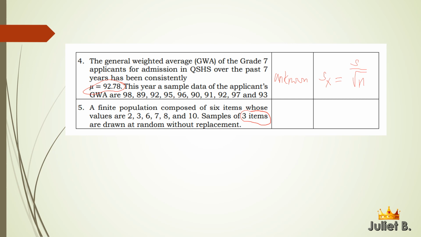Kasi alam natin na meron tayong population, tapos meron tayo of size 3, with undergoing a solution process for us to find the mean and variance, pwede nating makompute or pwede tayong makakuha ng value. So, kaya naman ito ay known. Kaya, ang ating standard error formula will be standard error is equal to the population standard deviation divided by the square root of n.